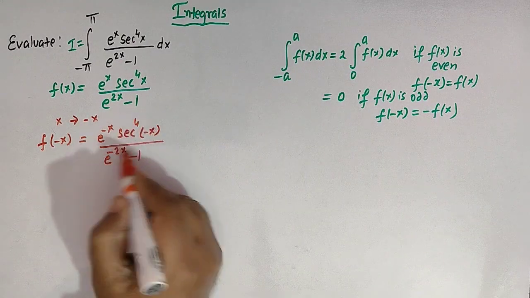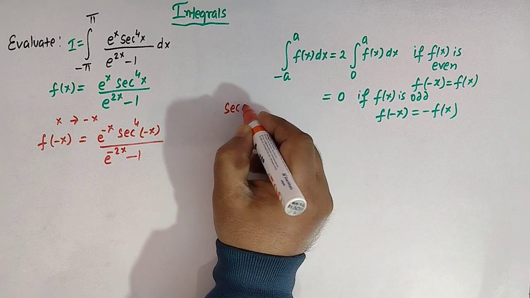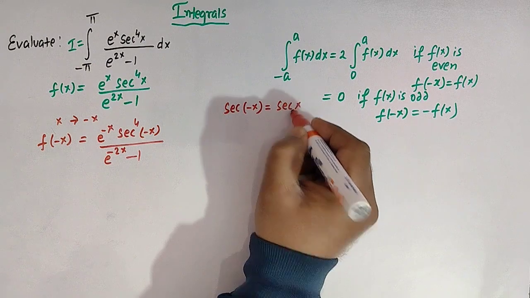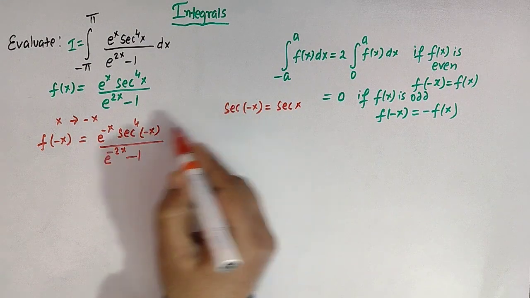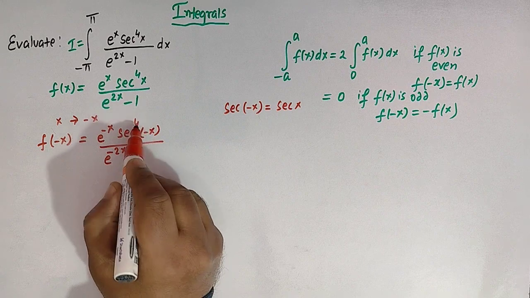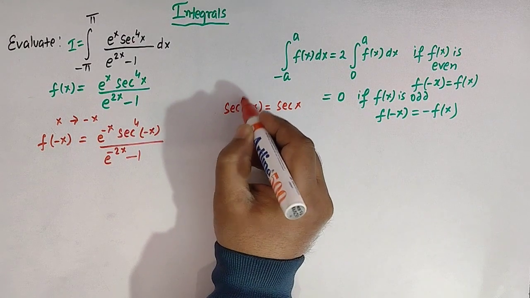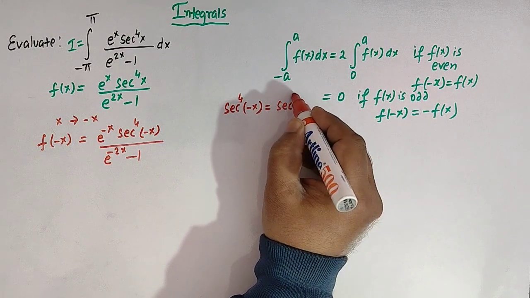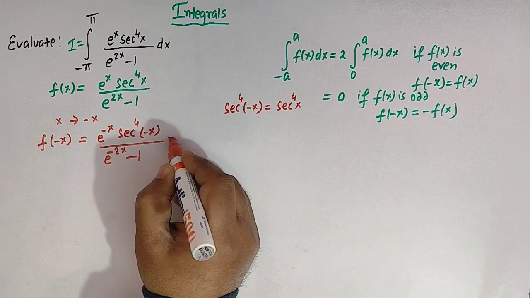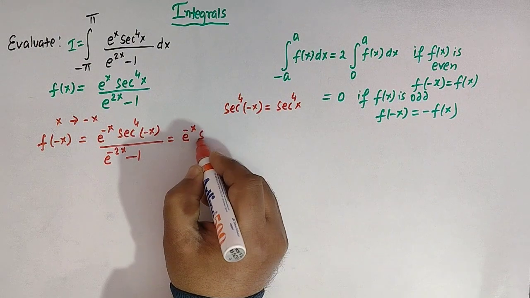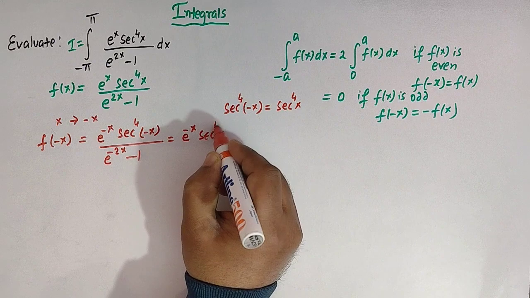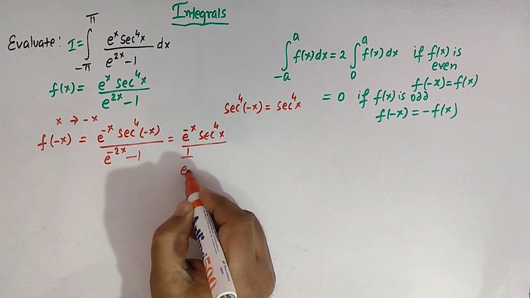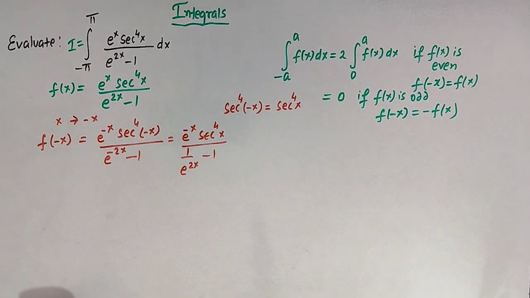From trigonometry we know that secant of minus x is equal to secant of x, and here we have the power 4, which is even, so secant raised to 4 of minus x is equal to secant x raised to 4. So now we have e raised to minus x, secant x raised to 4, and e raised to minus 2x can be written as 1 over e raised to 2x, minus 1.